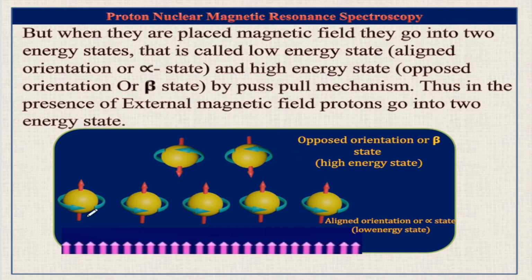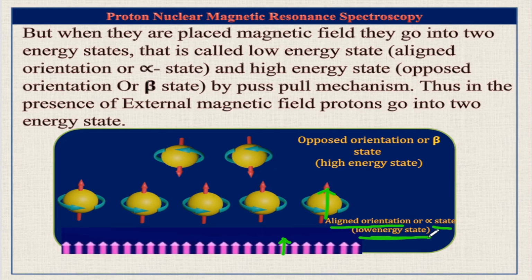But when they are placed in a magnetic field, protons go into two energy states, two orientations. First is the aligned orientation. In this orientation, the direction of the applied magnetic field and the spin of the proton are the same. This aligned orientation is also known as the alpha state, and the energy of the aligned orientation is low.